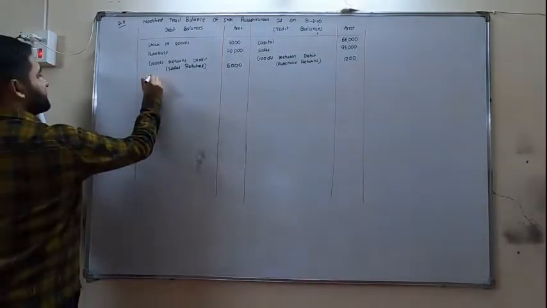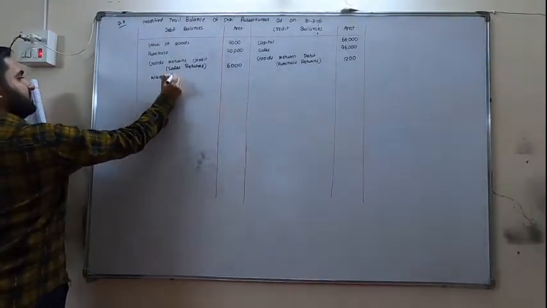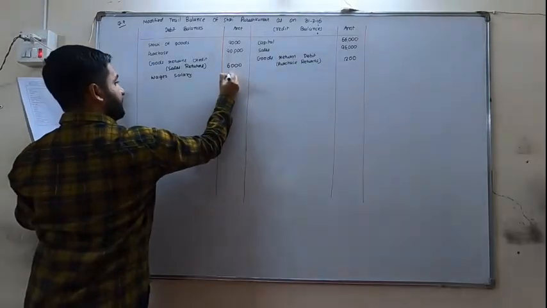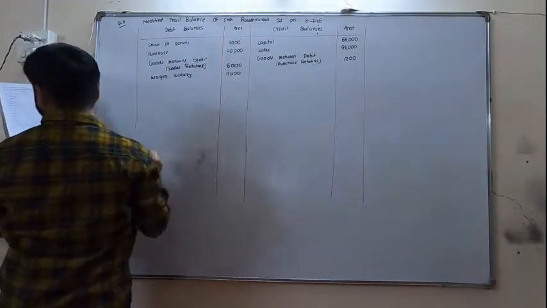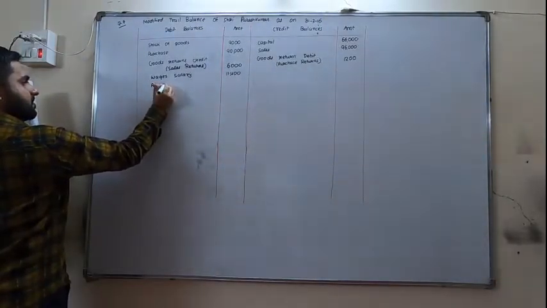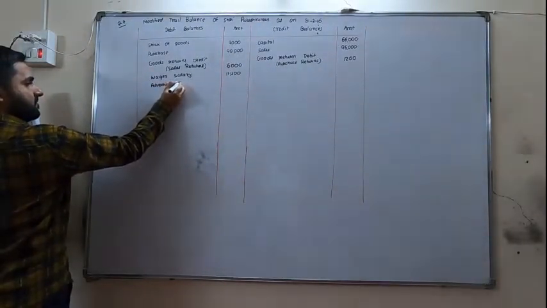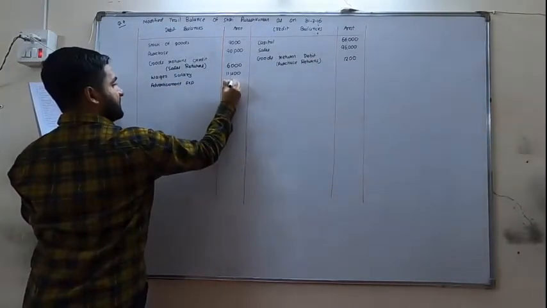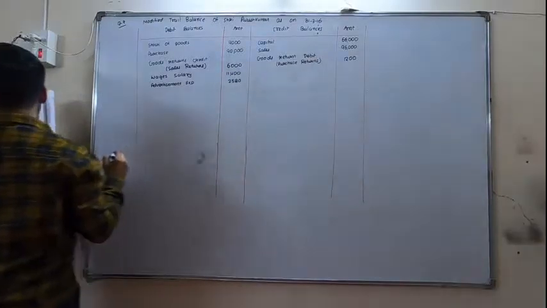Next, wages salary is our expense, so on debit side wages salary 11,400. Then advertisement expense is our expense, so on debit side 2580.